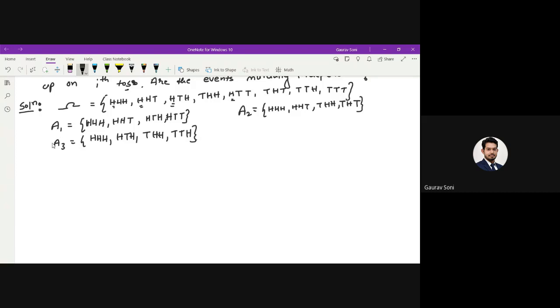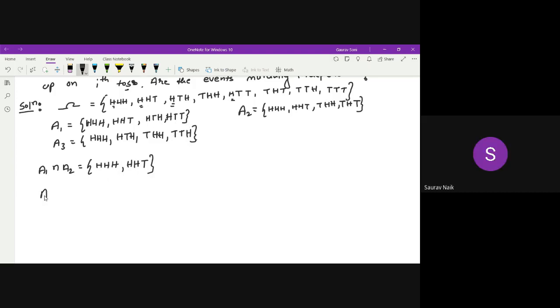So first of all, A1 intersection A2. In this there is head, head, head. Then we have head, head, tail. No other possibility.